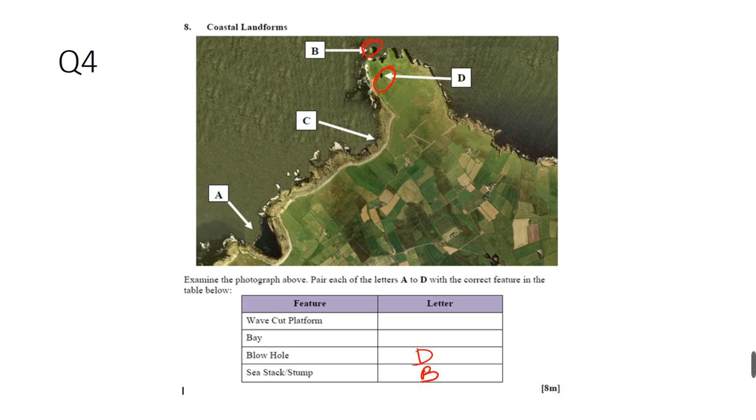Sometimes it's easier not to go in the order that's given to you, but to go with the ones that you're definite with first and then come back to them. The bay is definitely A, because it's indicating this area here, which leaves us with the wave cut platform at C. This is showing you the rocky base of the cliff. It's probably not that obvious in the booklet, but when you do process of elimination, it's easier to see.